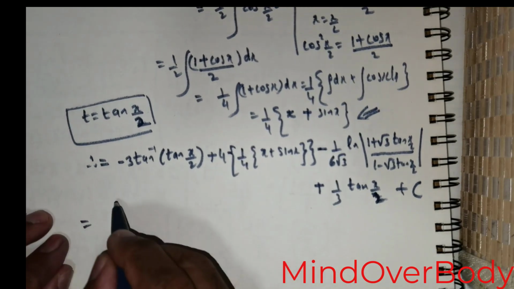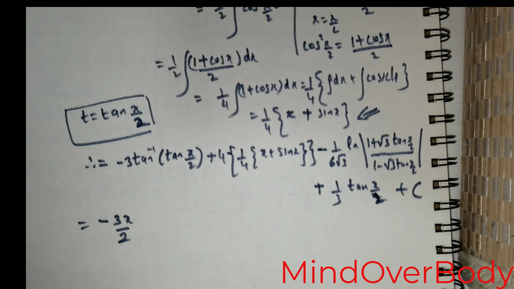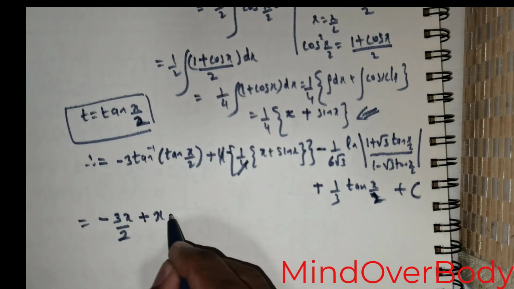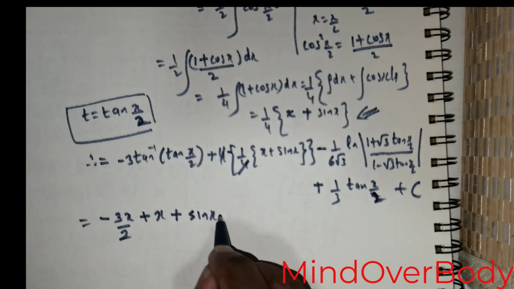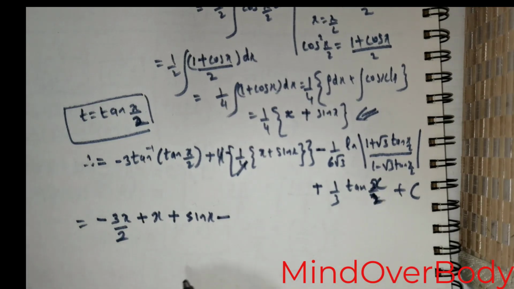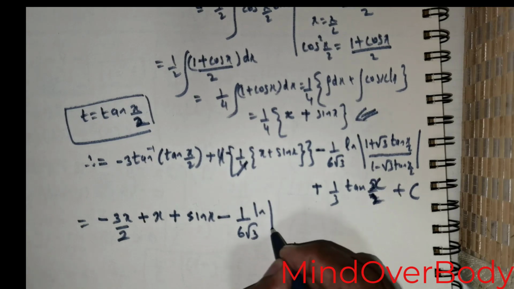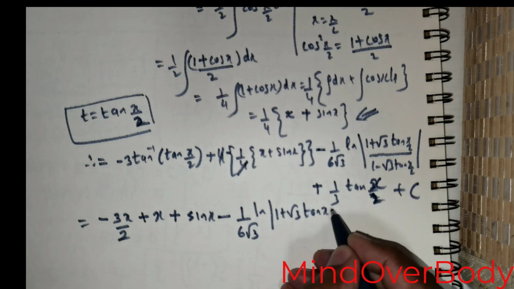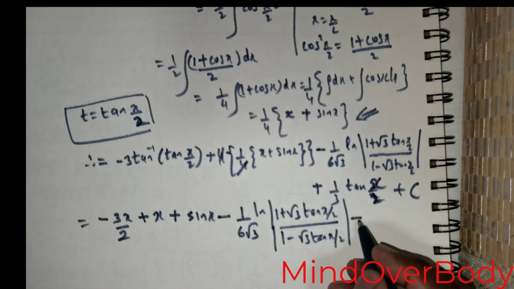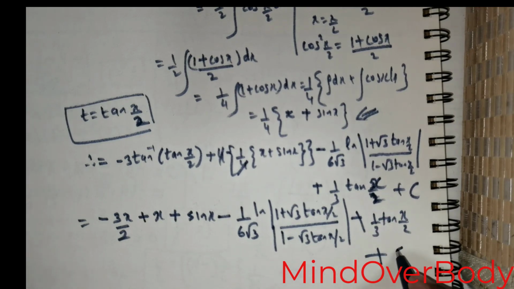What you can do from here, this is going to be negative 3x over 2, that is fine, and my 4 and 4 will get cancelled, giving me x plus sin x there, and then followed by the term 6 times root of 3 ln of (1 plus root of 3 times tan of x over 2) divided by (1 minus root of 3 tan of x over 2), plus 1 over 3 times tan of x over 2 plus constant c.